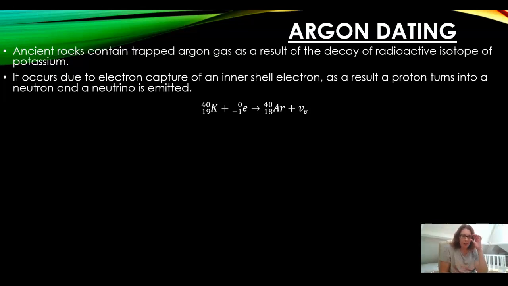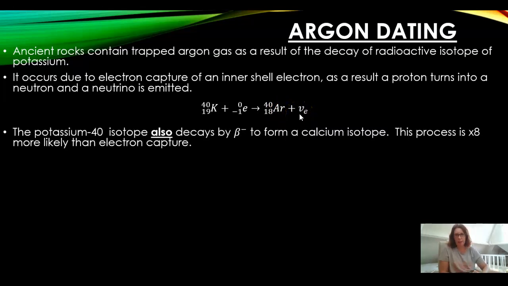This is that process in form. So you've got the potassium grabbing the electron, becomes argon, and then this neutrino is released. Now this potassium 40 isotope also decays by beta to form a calcium isotope, and this process is 8 times more likely than electron capture.